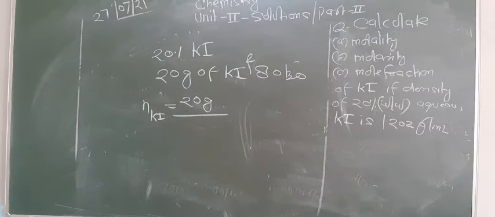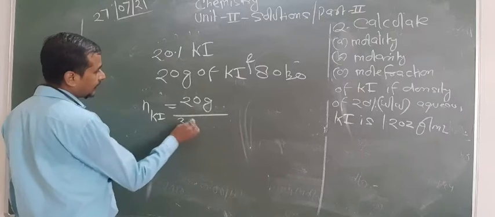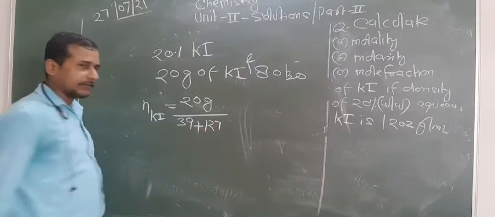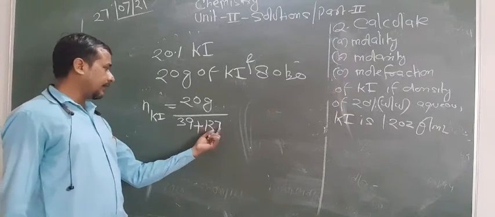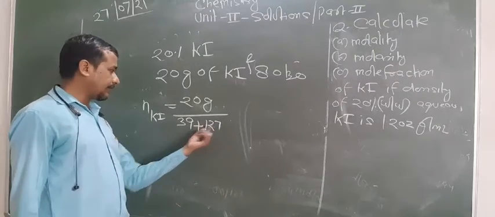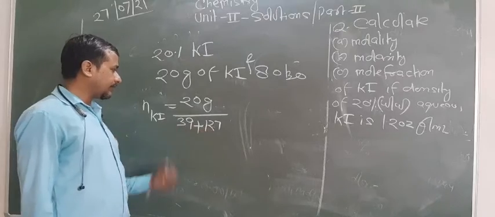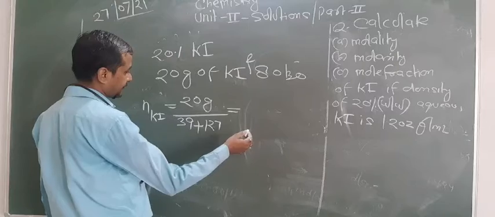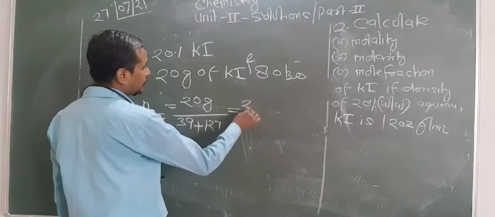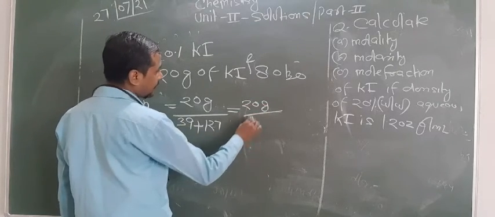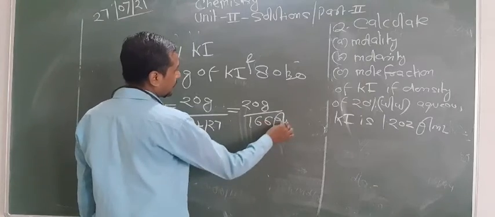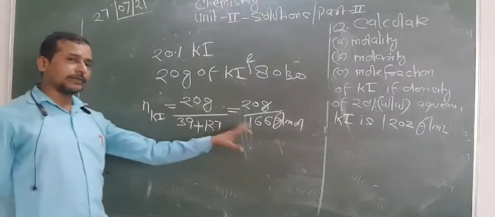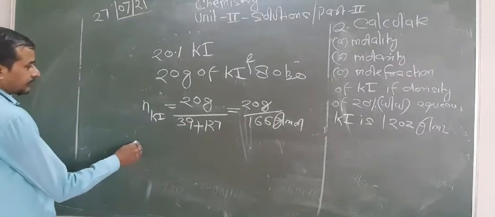So this is basically 39 for potassium and 127 for iodine. Now adding this, we get 166. So now this will be 20 gram divided by 166 gram per mole. So calculate this. By this way we can calculate the number of moles. Are you getting this point or not?